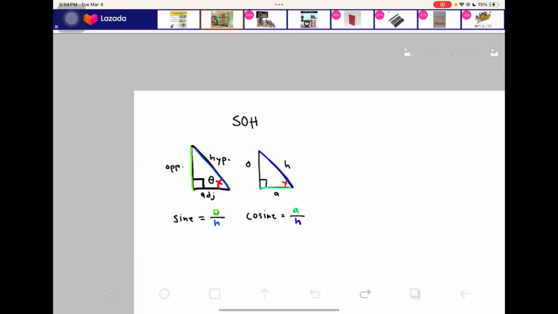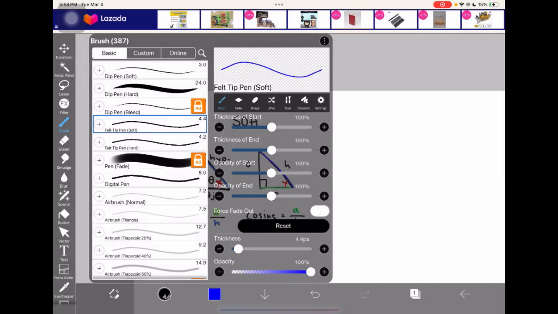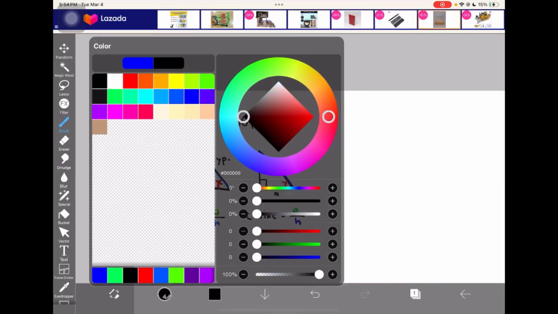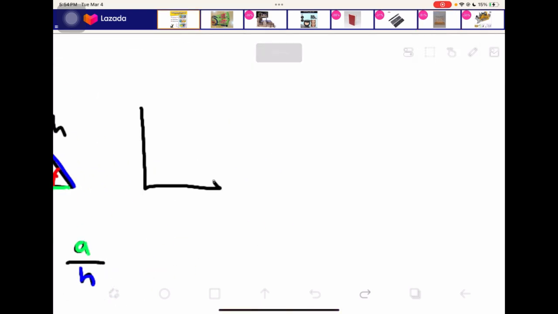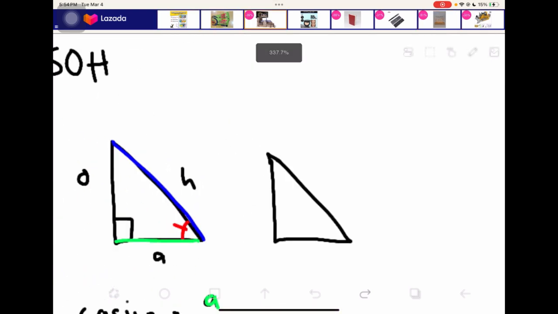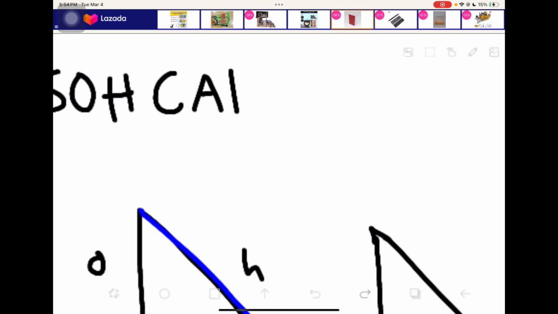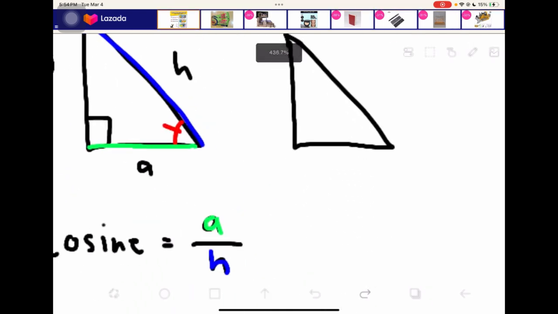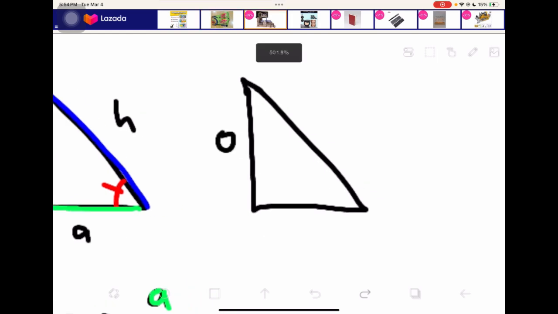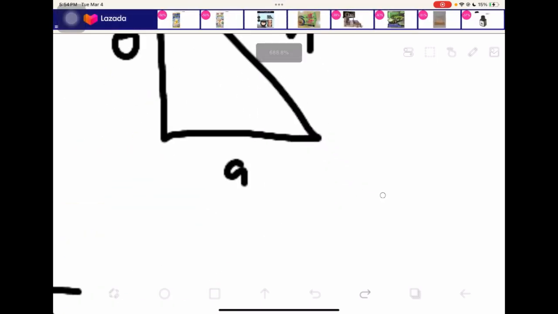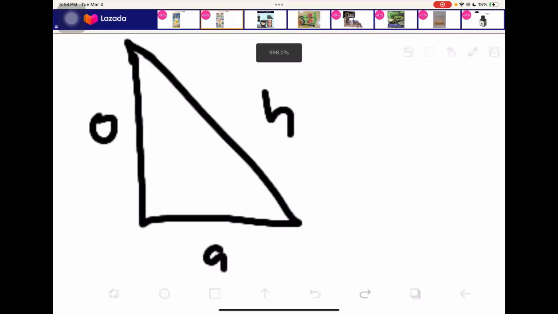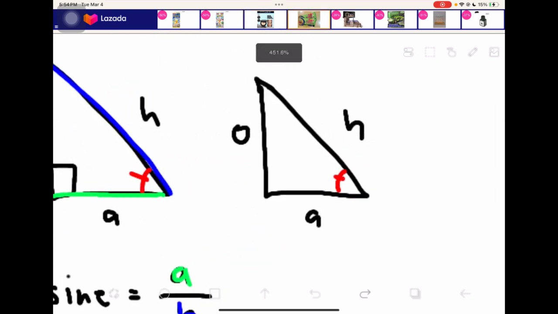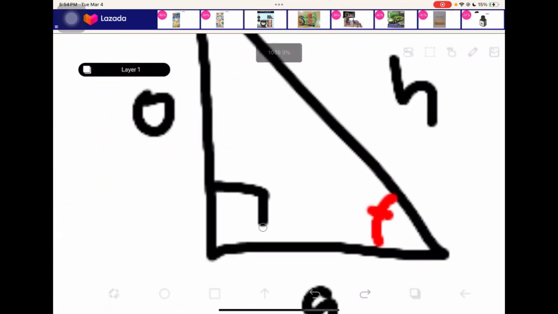The third, last but certainly not the least, is going to be tangent. Tangent is represented by TOA. So opposite, hypotenuse, and we have the angle adjacent. Then we have theta over here, and we need to make sure it's a right angle.